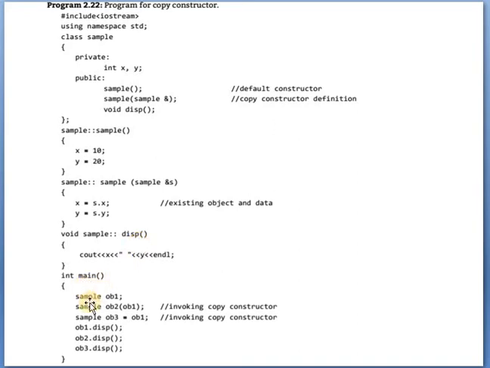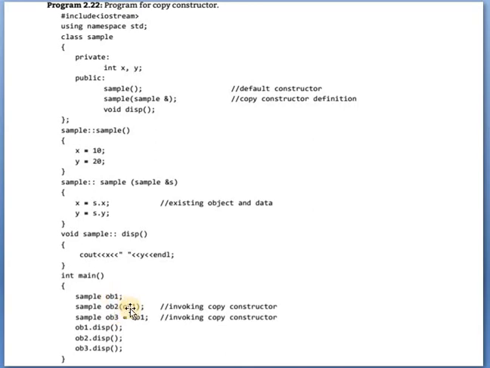Now integer main, sample object 1, this is the first object, object 1, and after creating this object 1, the default constructor gets automatically invoked. Now after creating object 1, x gets the value 10 and y gets the value 20. Now sample object 2 in bracket object 1. Now this is the copy constructor being called.